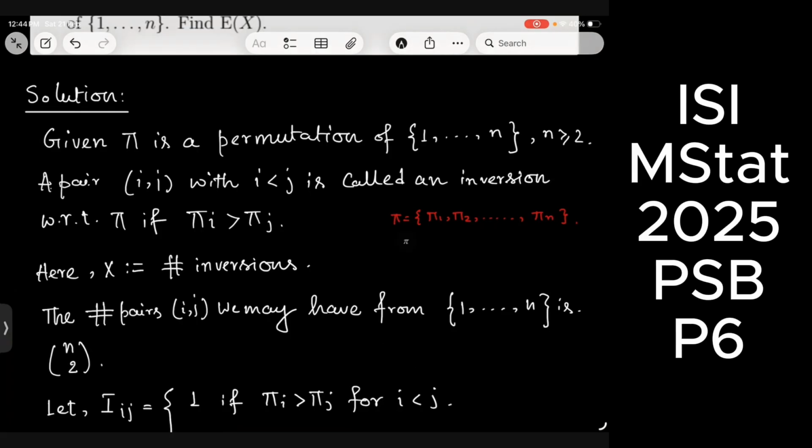These are the positions 1, 2 up to n. So for i less than j, take i, j equal to 1 and 2. If pi 1 is greater than pi 2, then it is an inversion, right? Are you getting my point?